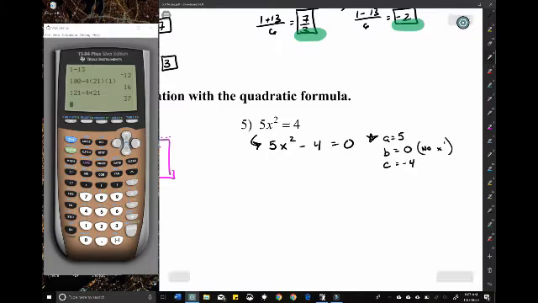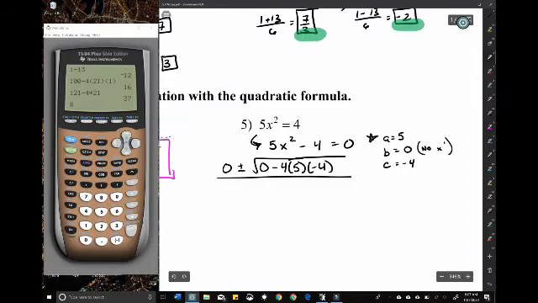Okay, you can still use the quadratic though. We just have 0 plus or minus square root of 0 minus 4 times 5 times negative 4 all over 2 times 5.